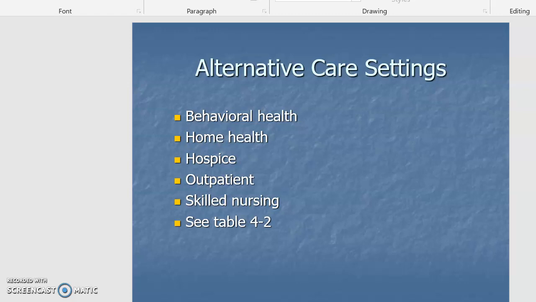Hospice is going to be towards end-of-life services. Outpatient services can be ER and observation. Skilled nursing is when you don't need acute care, so at that point you go ahead and go to skilled care.